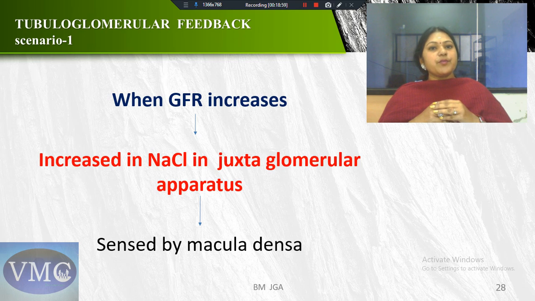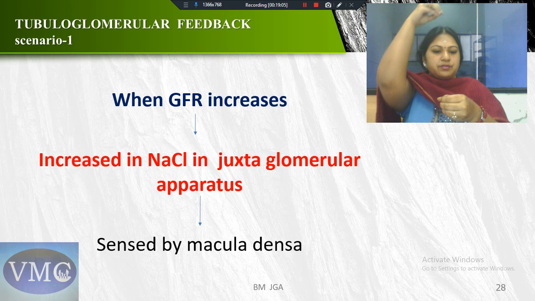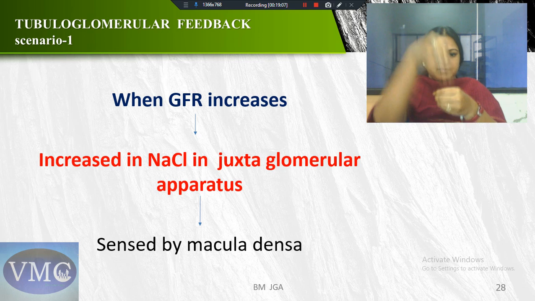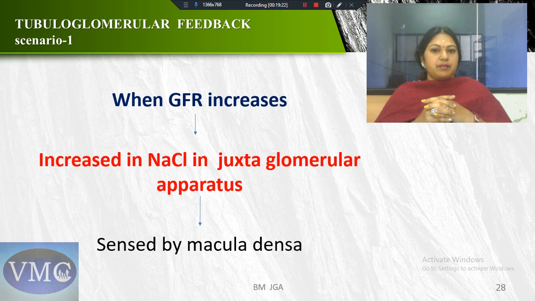Why is it so? Whenever the flow is more, you have your proximal convoluted tubule here. The flow is more here, it goes just like that, fast. So there is no time for reabsorption of sodium chloride in the proximal convoluted tubule, and hence the concentration of sodium chloride in the Juxta glomerular apparatus is more, because in the thick ascending limb there is more sodium chloride.